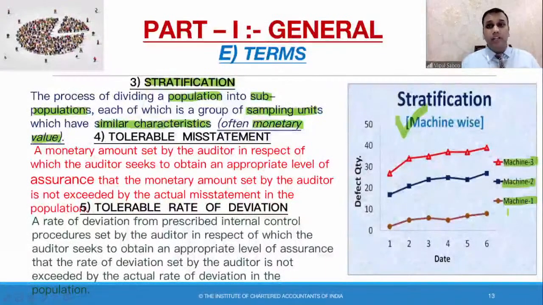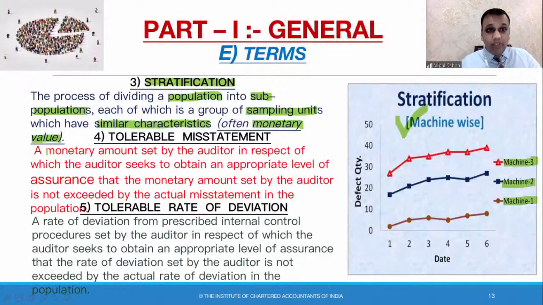Tolerable misstatement, again, tolerable error. The misstatement which the auditor has set to a level that it is tolerable at my end. The auditor is like, I will bear this pain, this misstatement. So it is a monetary amount, again, we are talking in monetary terms.